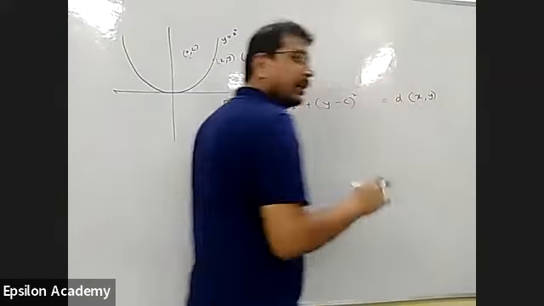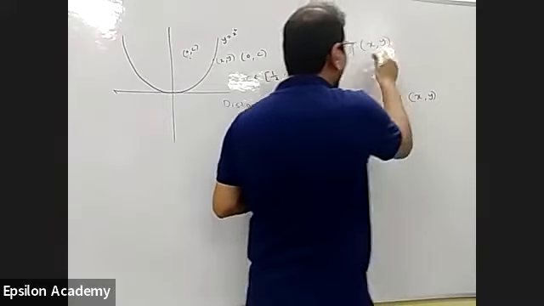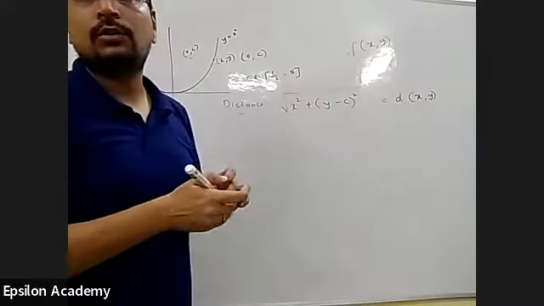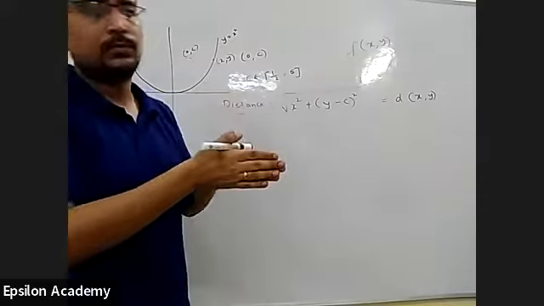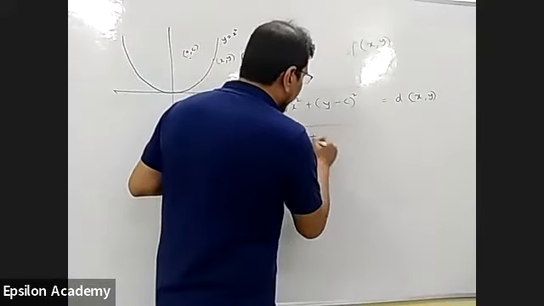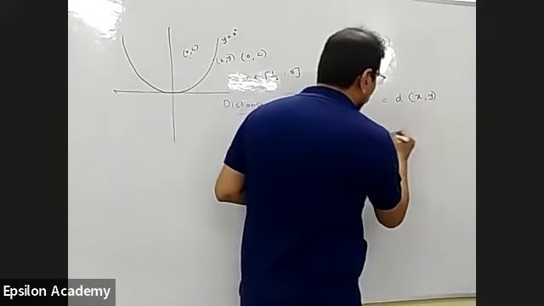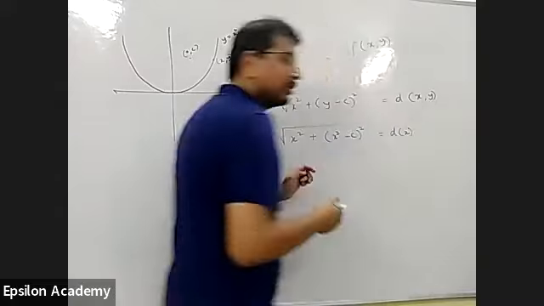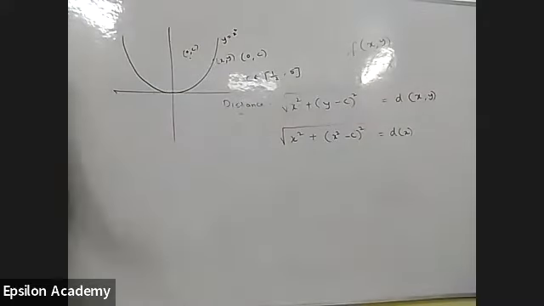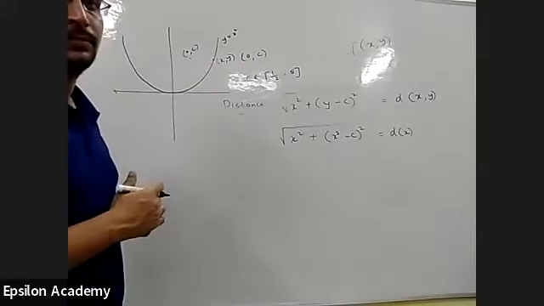If you write f of x comma y, it means that f is a function of both variables x and y. So I have to convert it to x. For that, I will write it as root of x square plus x square minus c the whole square. This will be equal to d of x.